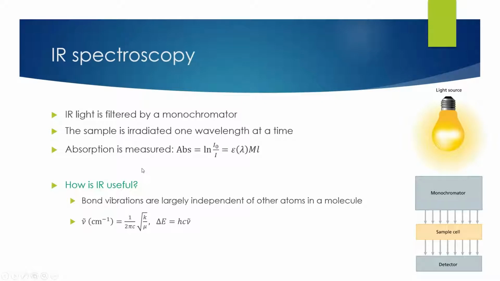We can also try to think about how this technique is useful. And it turns out that bond vibrations, when we're talking about IR spectroscopy, are largely independent of all other atoms in a molecule.